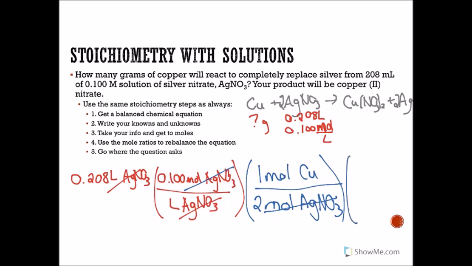We then need to convert back to whatever units we would like. Our units that this question is asking for is in grams. Grams means we need to find the molar mass. And if we look up the molar mass of copper, we get 63.55 grams per mole. 63.55 grams of copper goes on the top because we want moles of copper on the bottom.